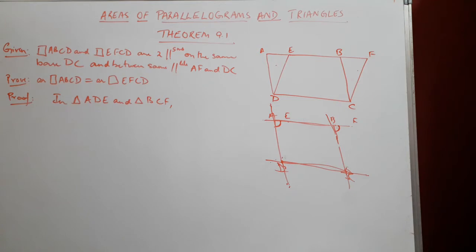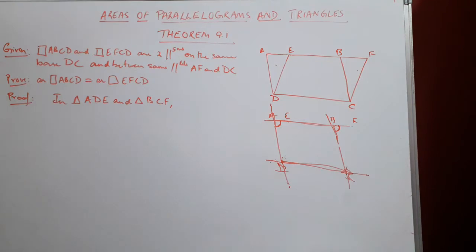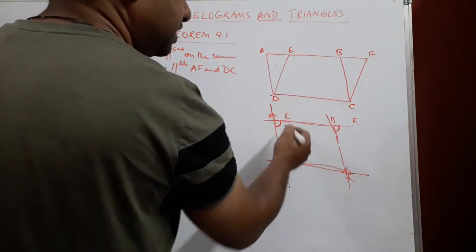So the reason why they are equal we can give as because AD is parallel to BC, and our AF, finally this line is AF, becomes our transversal.